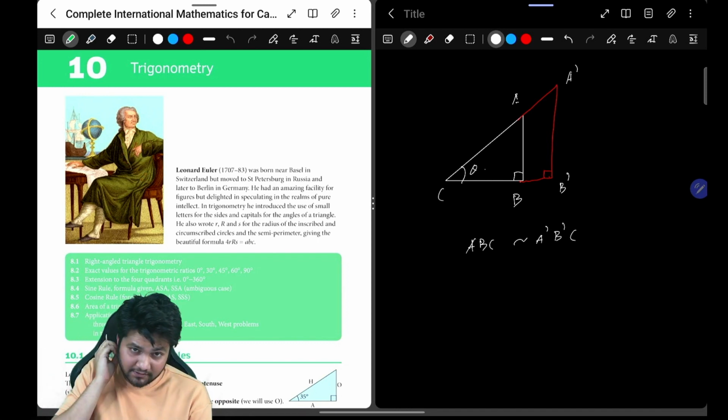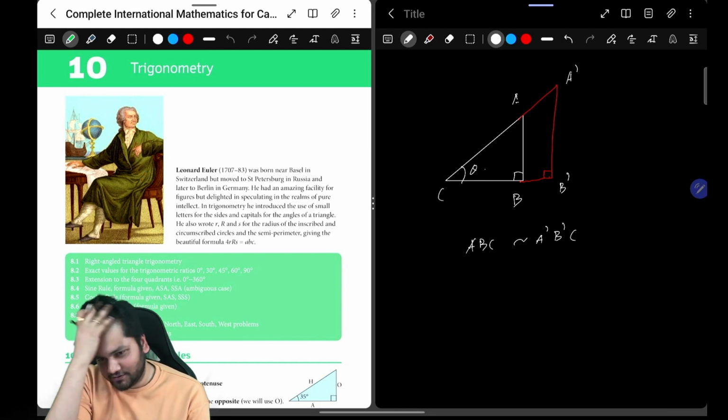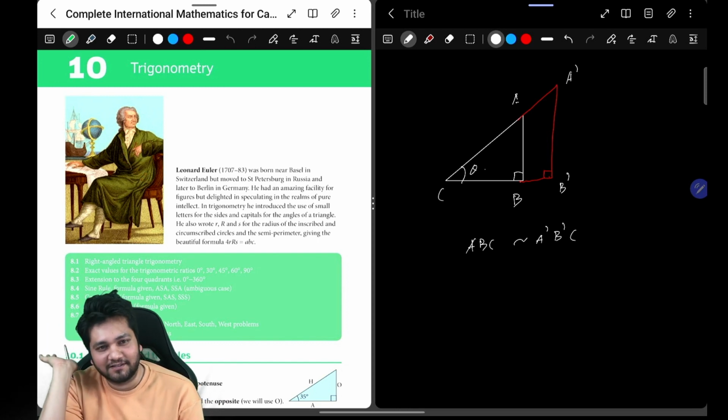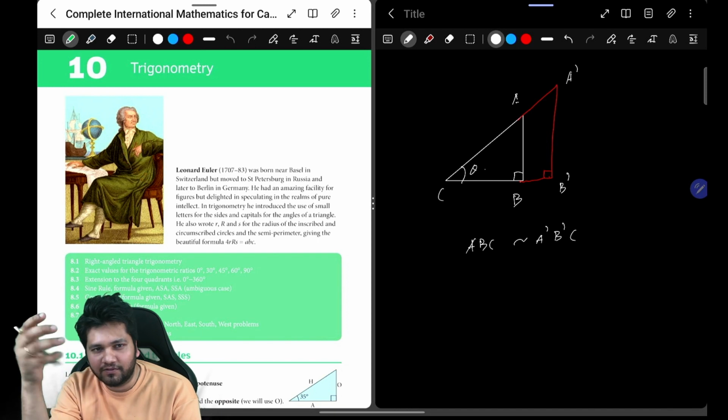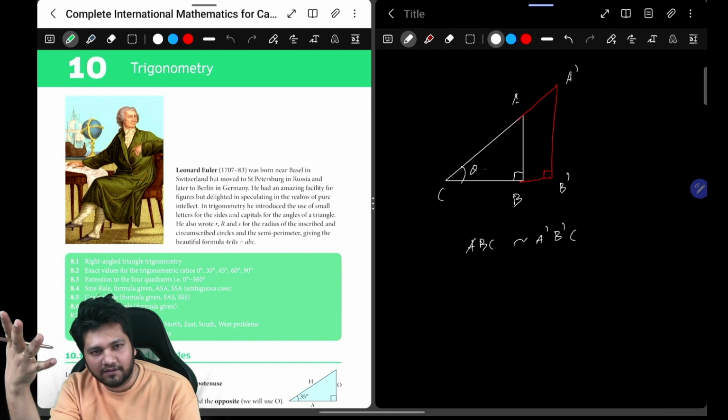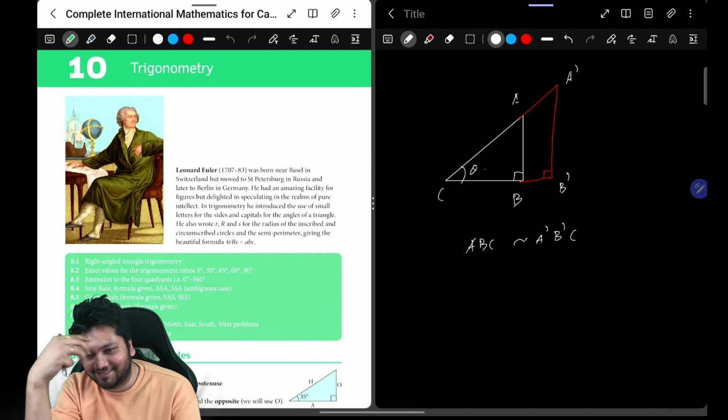So why are they similar? Because they have the same angle ratio, but it's just the tests. You guys don't even remember the tests. Huh? Vidhi? Yes, a right angle side. No wait, I don't know.